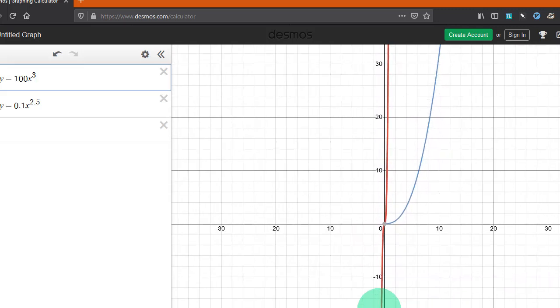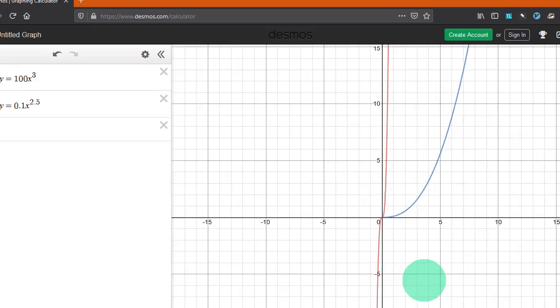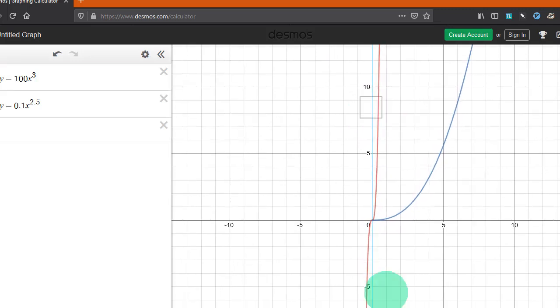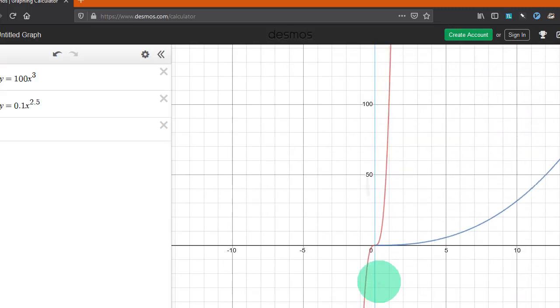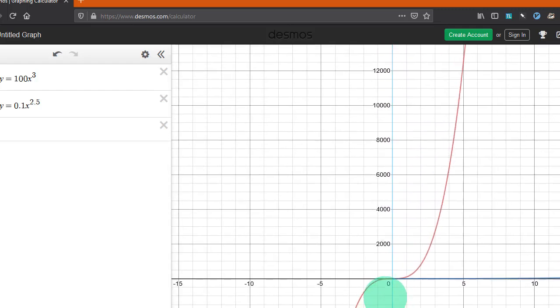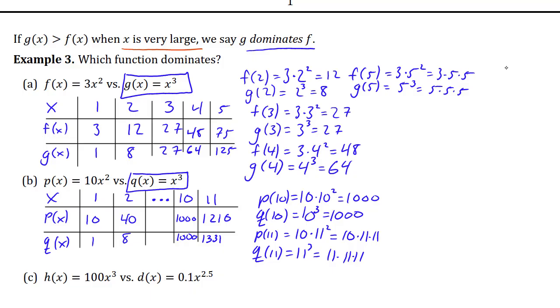Try to zoom in the y direction here. There we go. And you can see even when you scrunch it down this far, the red one is going off the top. So yeah, this one is always going to dominate.